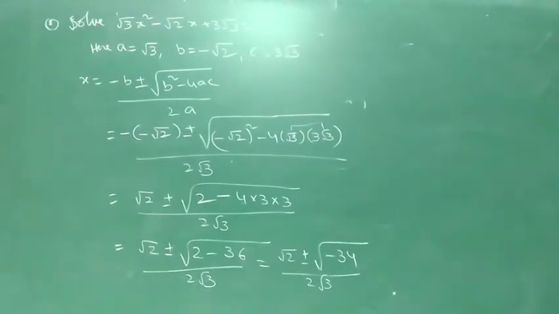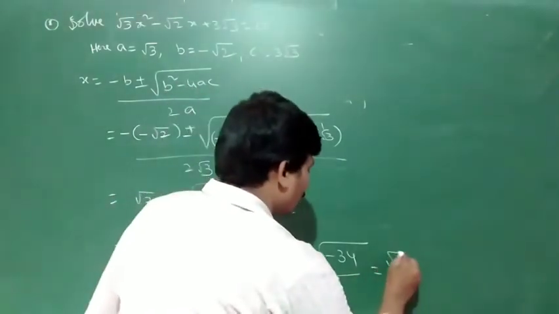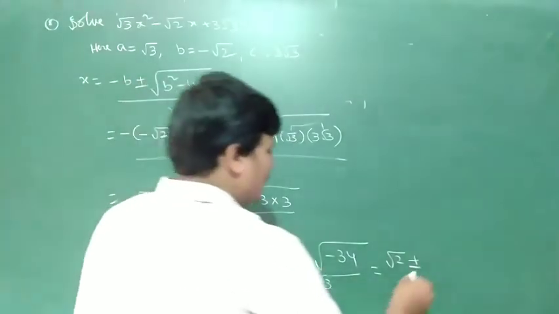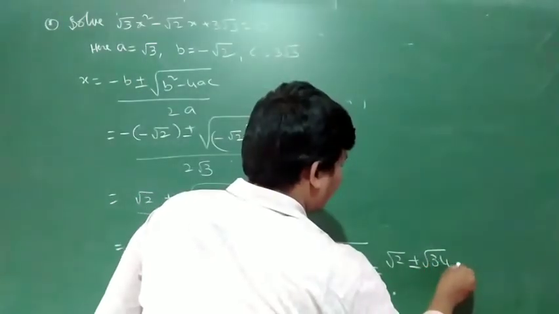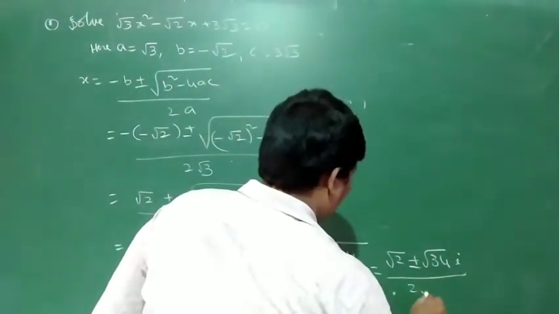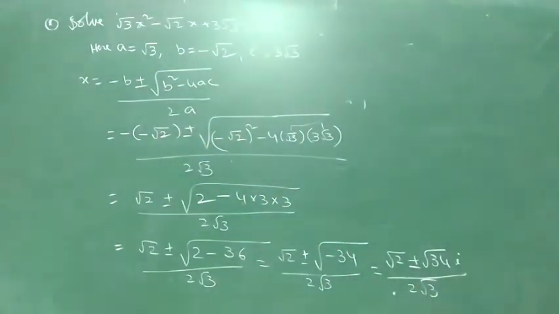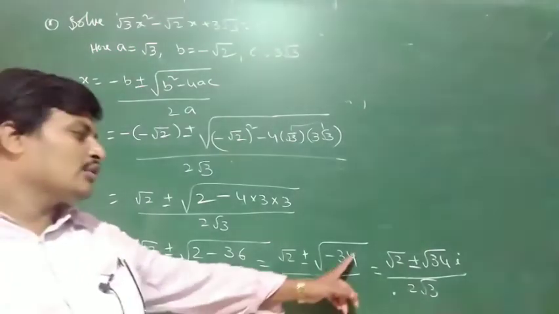So root 2 plus or minus root 34 into i by 2 root 3, because i square is equal to minus 1 and i is equal to root of minus 1.